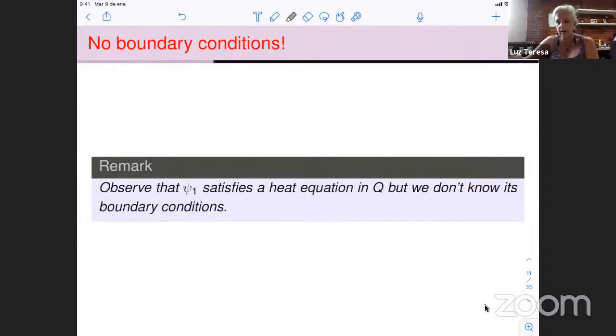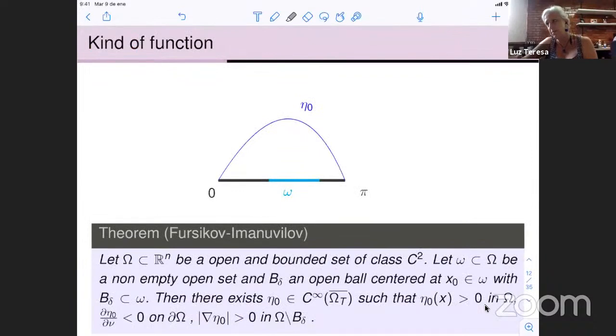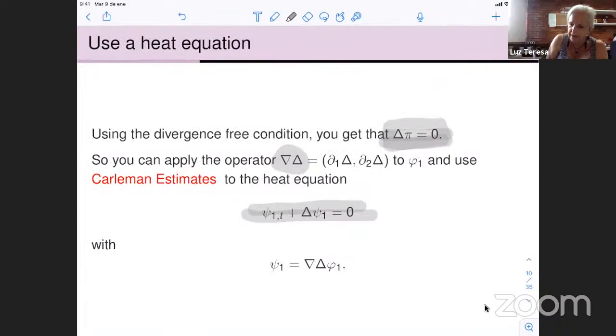So here, they can use what is called Carleman inequalities, that are some weighted inequalities, but the different thing from the literature is that in general, you know boundary conditions. But when you apply this operator to the Stokes system, you don't know what is the value of psi1 on the boundary.